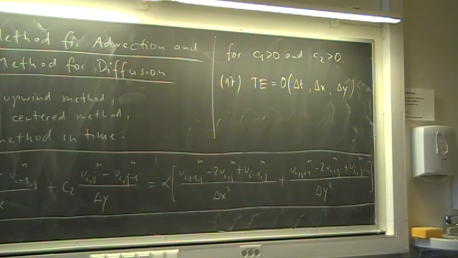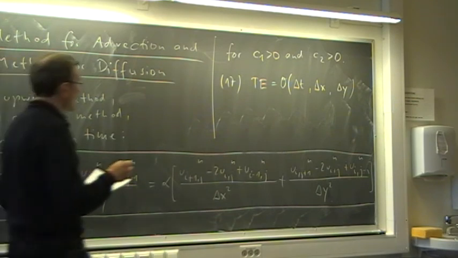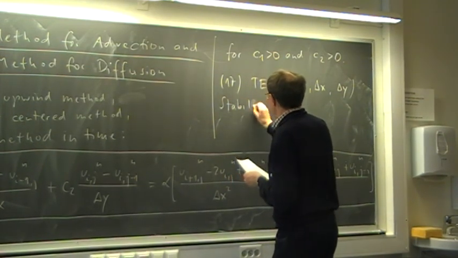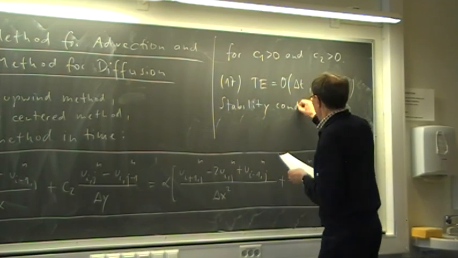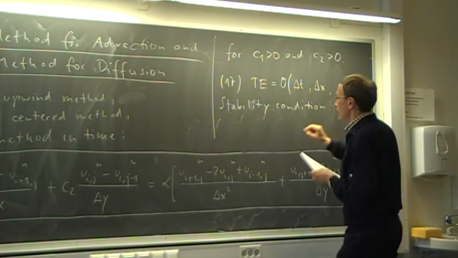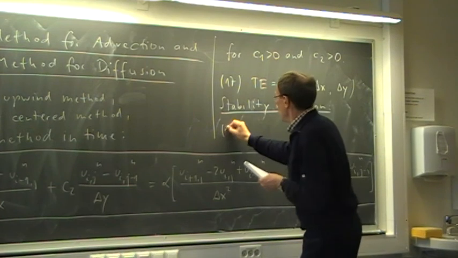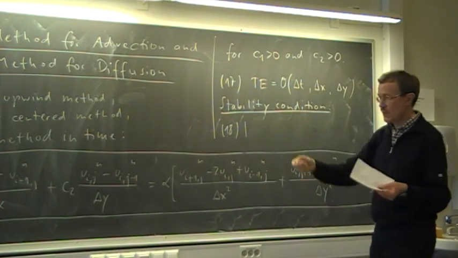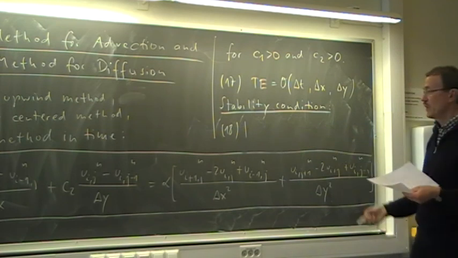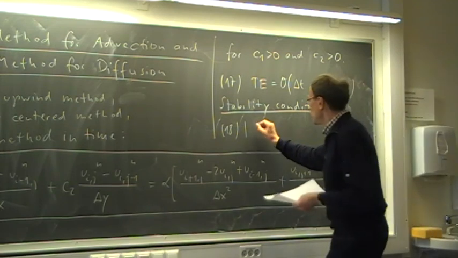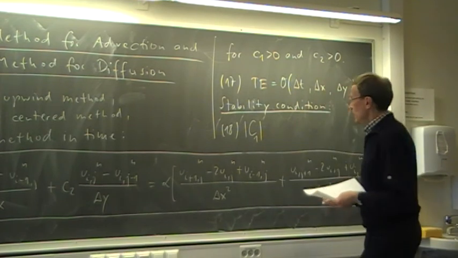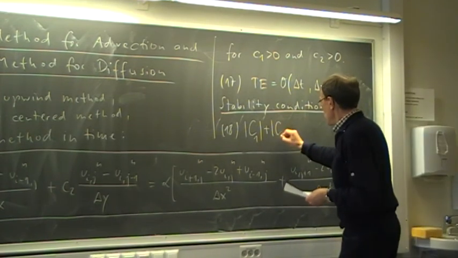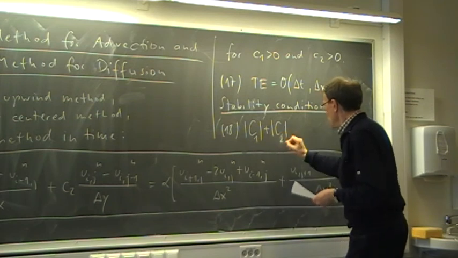And the stability condition, that turns out to be the following. It turns out that, if we have the general case, C1 could be positive or negative. In our case it is positive. But I generalize that we have the Courant number modulus for the x direction and the y direction.